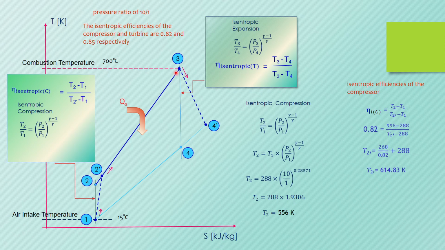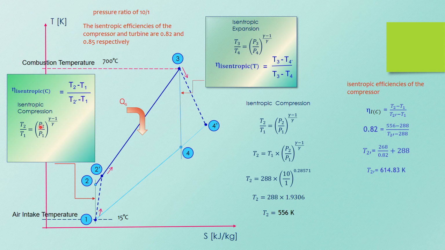It is 10.1 bar, so 10 times 1.01. So a pressure ratio of 10 to 1. If we refer to any of these formulas, P2 to P1, you can take that as 10 to 1. So it is 10 here basically.